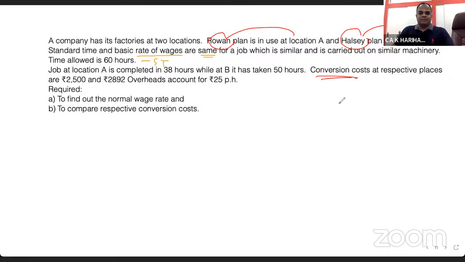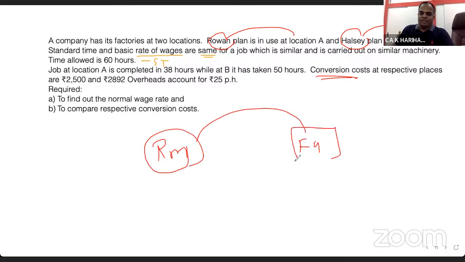Conversion cost is given, so you should know what conversion cost is. Students who don't know it are unable to solve the problem. I have raw material and I need finished goods. To convert the raw material into finished goods, the costs we incur are called the conversion cost.